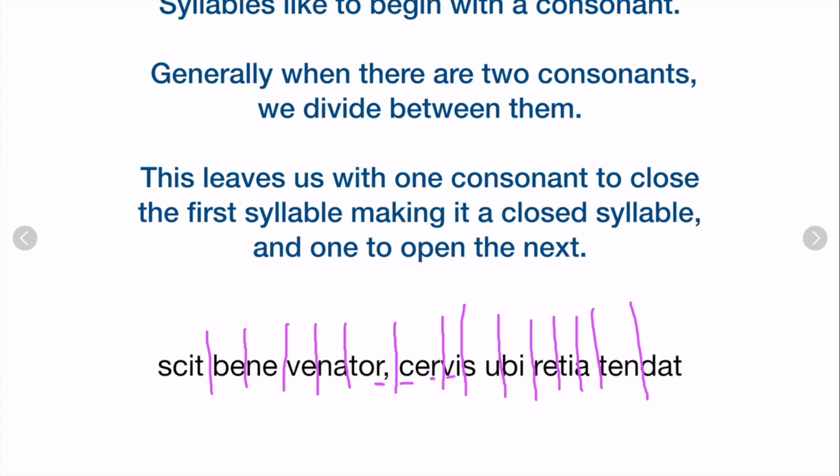So if you look at those syllables, they all begin with a consonant.